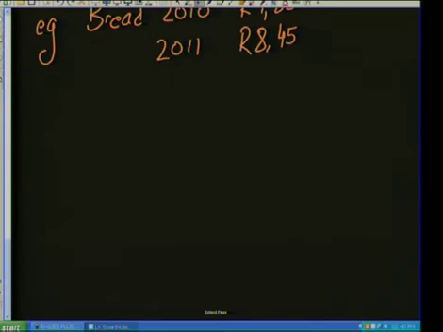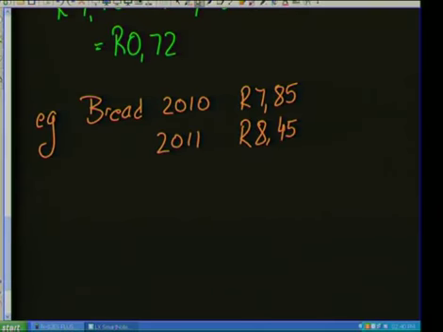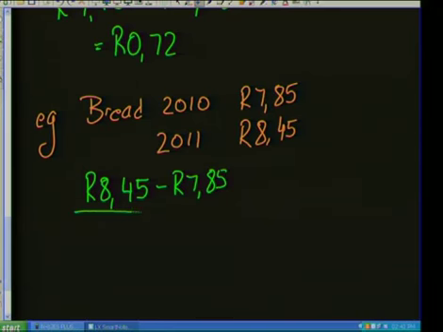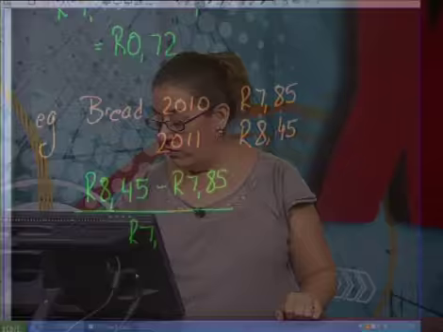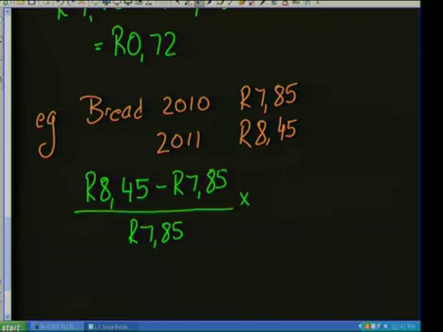So how would we do that? What we would do is take our formula, and they would probably give you the formula, but just in case, let me explain it to you. We are taking the change, so we're going to say, well, okay, R8.45 is my higher amount, minus what I originally paid, and this is an increase on the original. So I take my original amount there and I want it as a percentage.